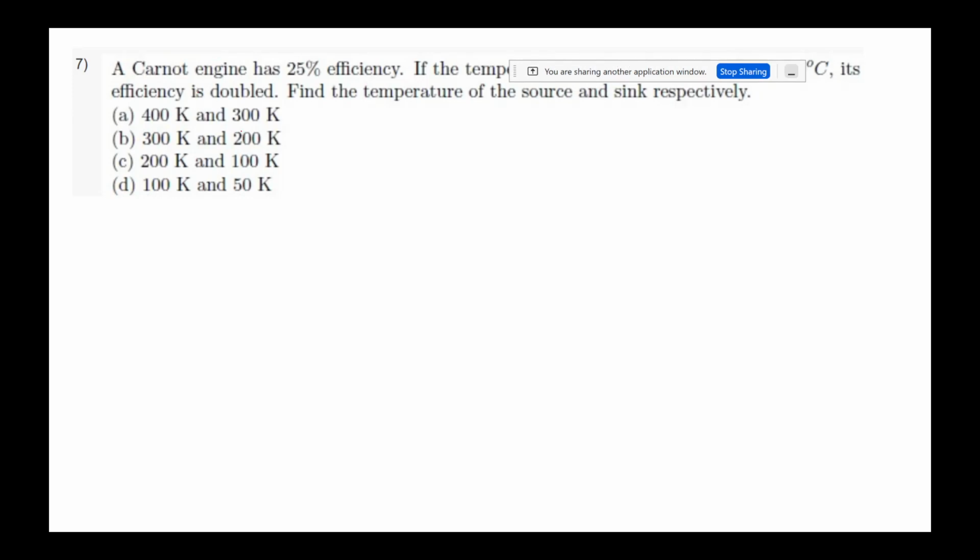Let's write. Let the temperature of sink be T2 and source be T1. What is the efficiency eta? Eta efficiency is 1 minus T2 by T1.